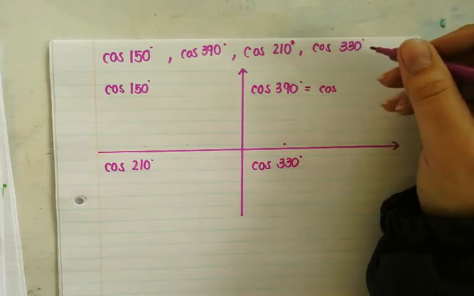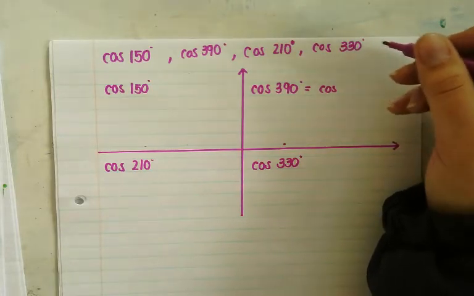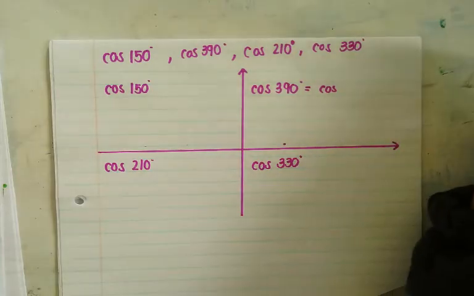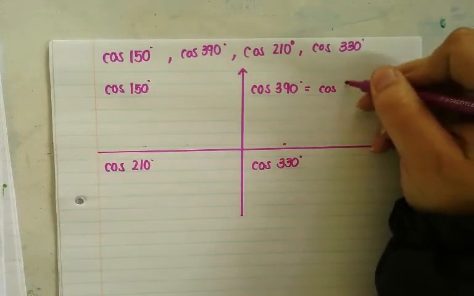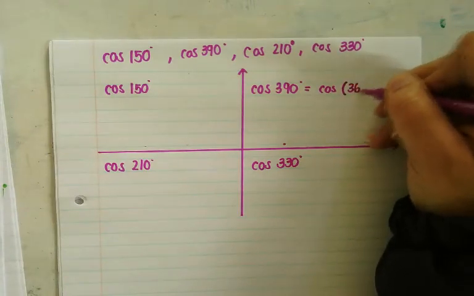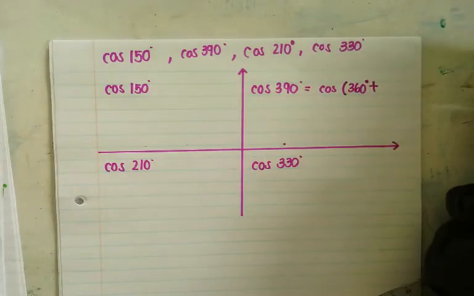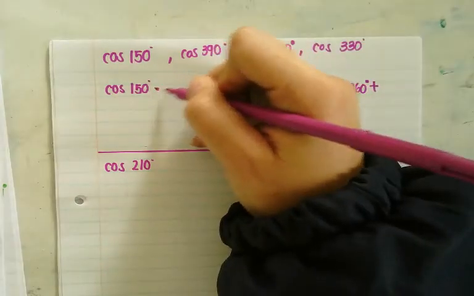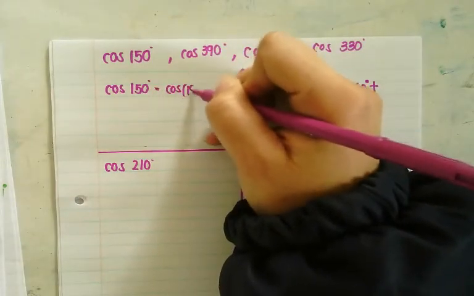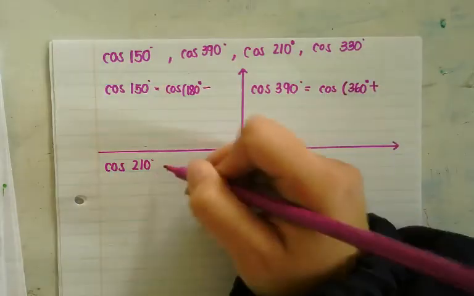Okay, so I'll show you, for instance, I placed mine into the 4 quadrants. And now I'm going to do each reduction. So I'll do the first one. I know that the first quadrant must be 360 plus something. The second one should be cos 180 minus something.